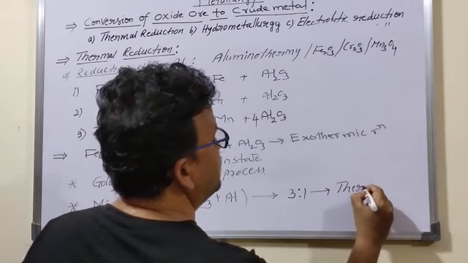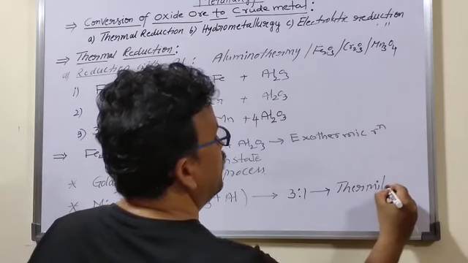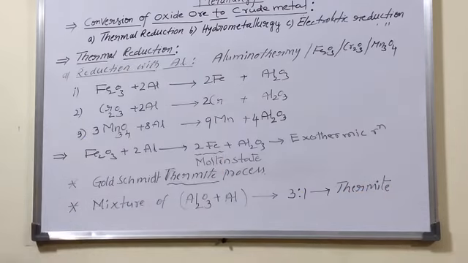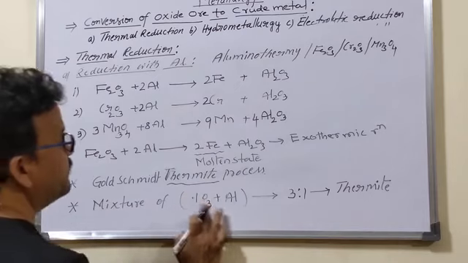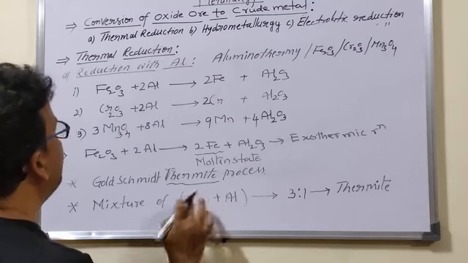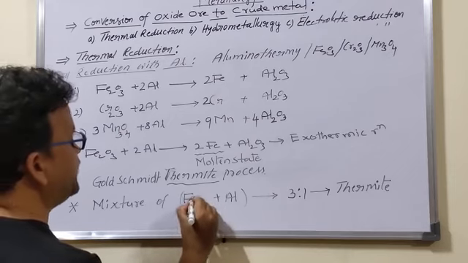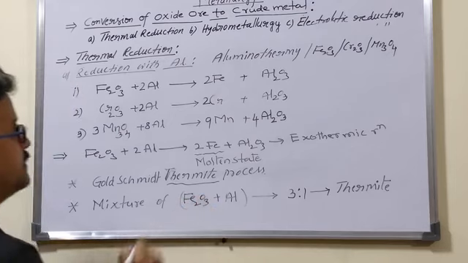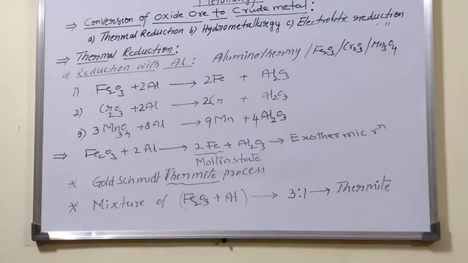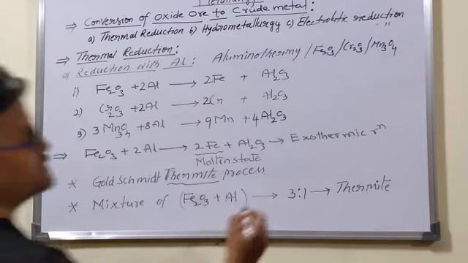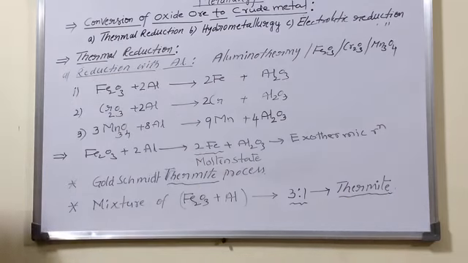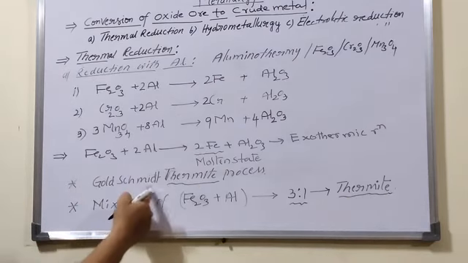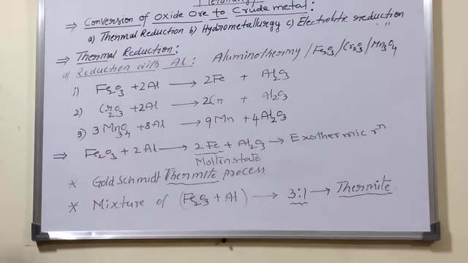Important for competitive exams. Remember this. What is meant by thermite? A mixture of Fe2O3 plus aluminum in 3:1 ratio is called thermite. That's why we call it the Goldschmidt thermite process.